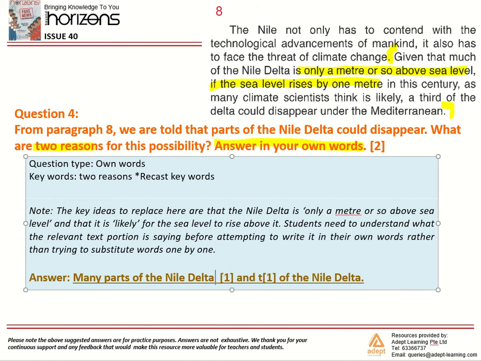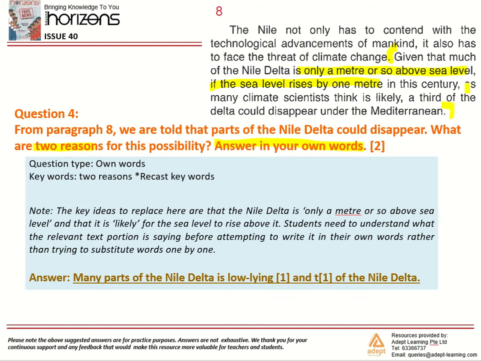What is that word called? Is low lying. So that's your first mark. Second part of it, if it rises by 1 meter, and sorry, I forgot to highlight this, climate scientists think that it's likely.